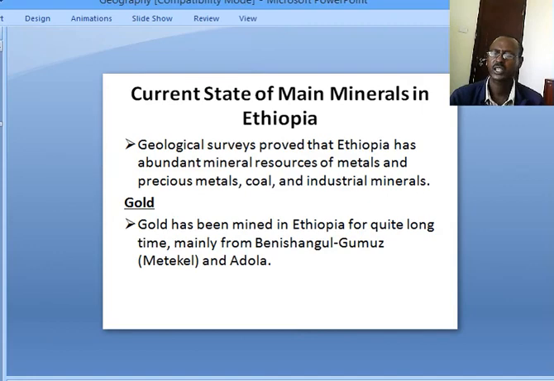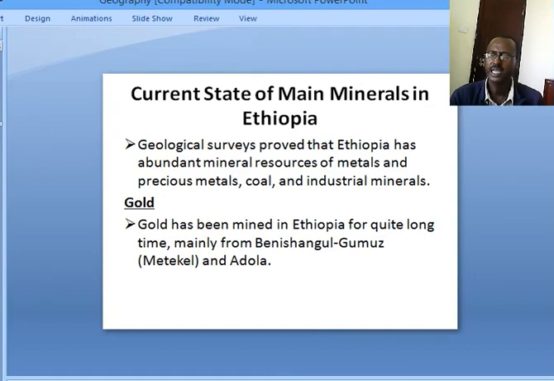Geological surveys prove that Ethiopia has abundant mineral resources of metals and precious metals, coal and industrial minerals. For example, some of the minerals of Ethiopia include gold.